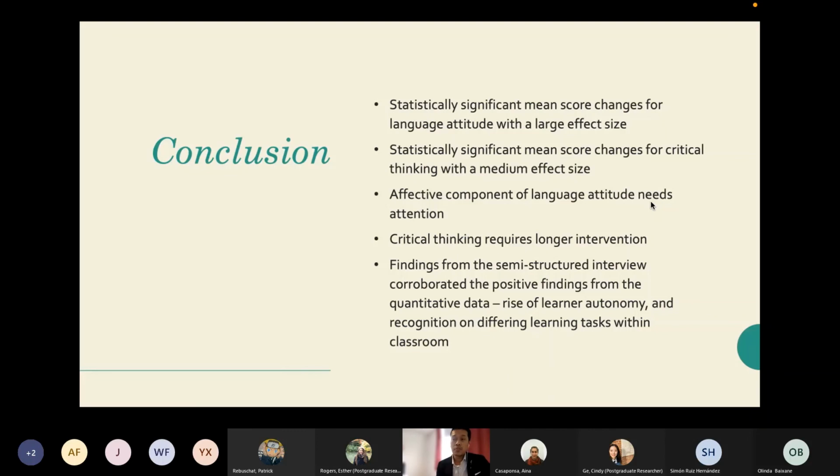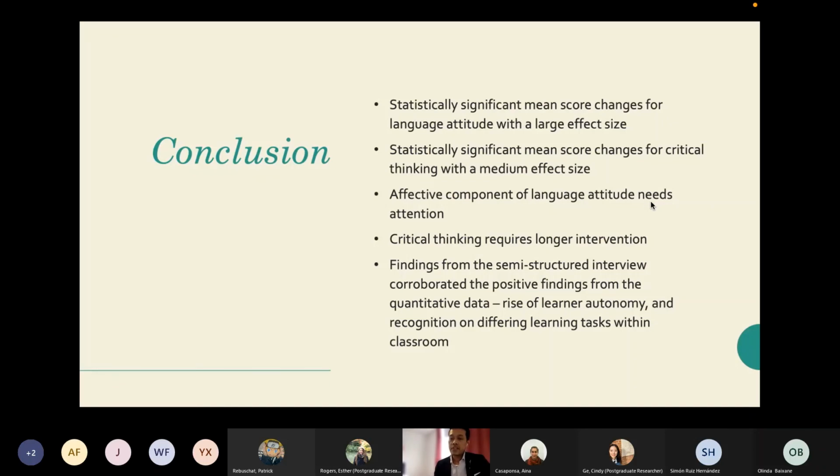Before the new syllabus was introduced, it was about using English as a tool to learn about our own culture. Students don't exactly get to see or learn the culture of the native speakers. And critical thinking requires longer intervention because it was only with a medium effect size; apparently 13 weeks was not enough to estimate a large effect size.